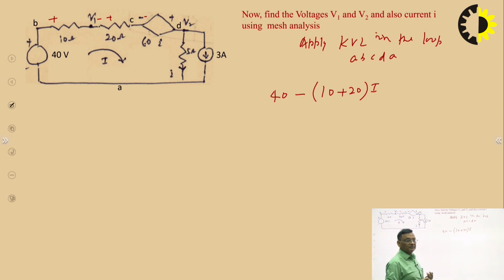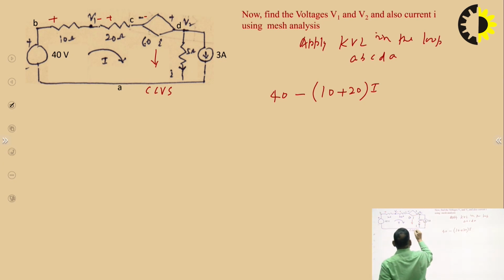Current flows from higher potential to lower potential, so B is at higher potential. Then C to D, it is a current controlled voltage source, so it is a voltage source.